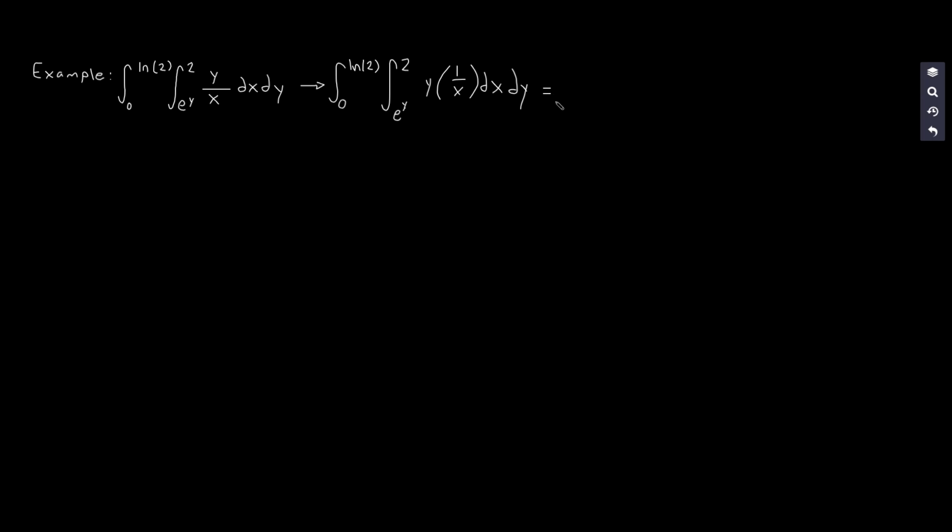which ultimately is going to have me disregarding that y for now, because I'm going to factor it out entirely, since I can treat it as a constant given that we're doing integration with respect to x first. So I'm going to have inside of the integral 1 over x, integration with respect to x, integration with respect to y.